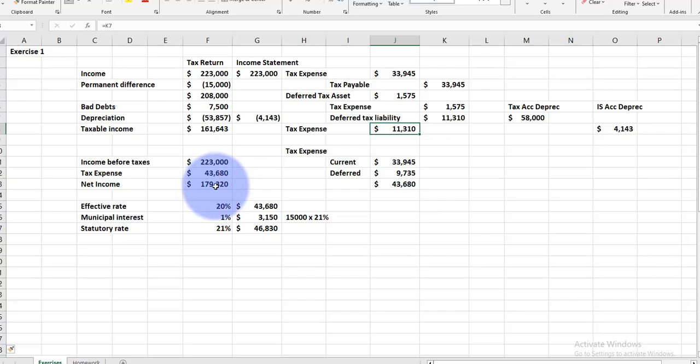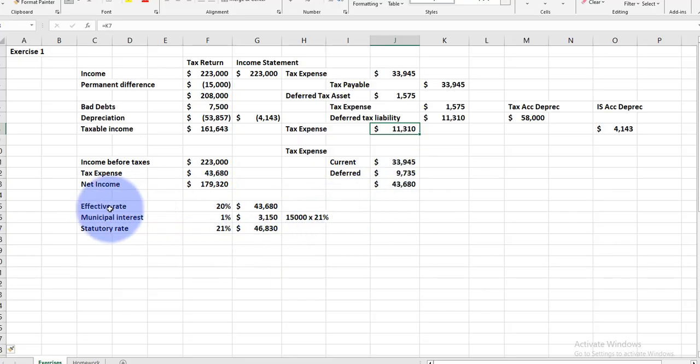Subtract that, and we get our net income. On the income statement, our tax expense is current, that's the part that is payable. It's the first piece, and the other two are deferred. And we see less and less of that disclosure on financial statements these days.